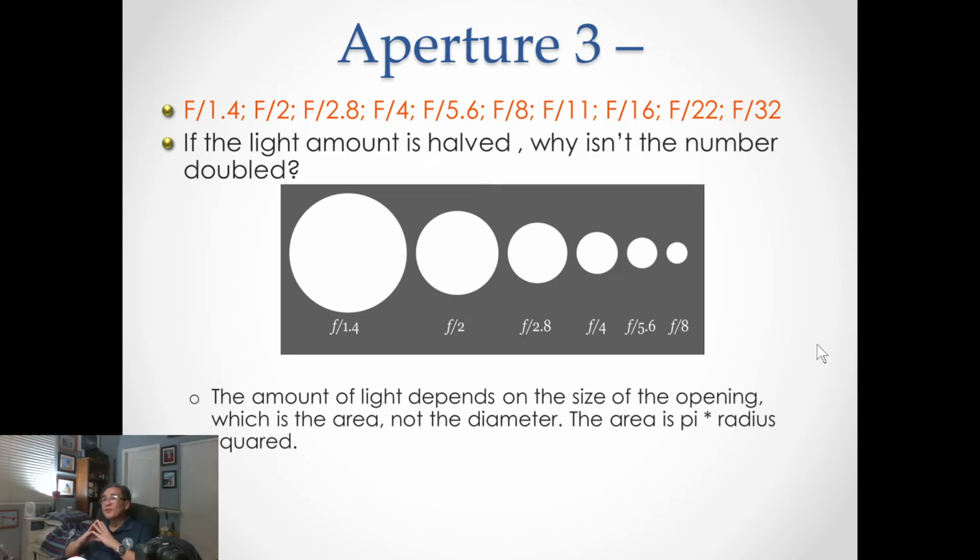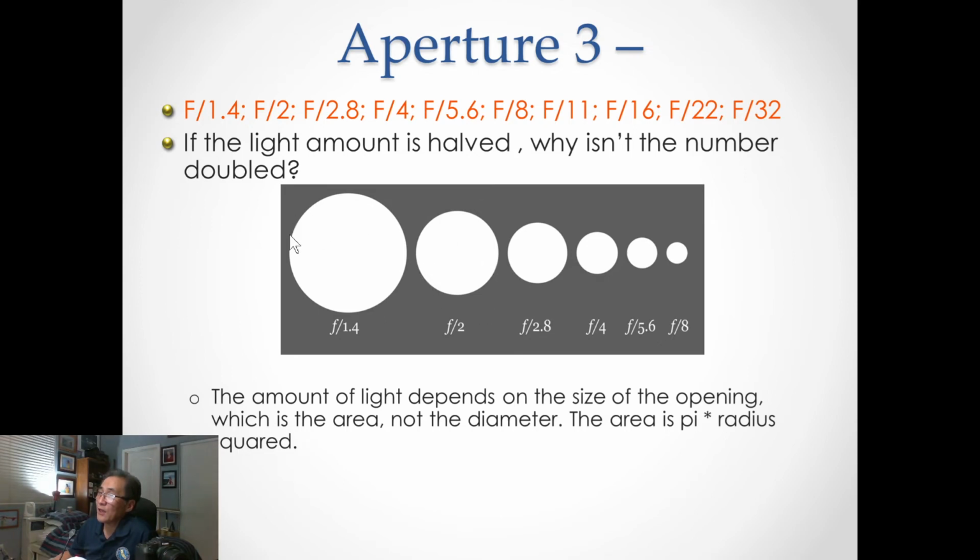Now, actually somebody had asked me this. They asked, if the light amount is half, why is the number not double? Why does the number go from 1.4 to 2 instead of 1.4 to 2.8? That's a pretty good question, actually. But if you think of this physical thing, look at the size of the holes here.